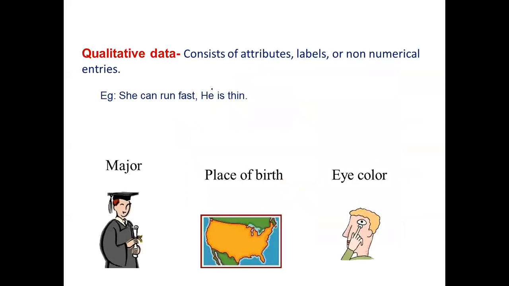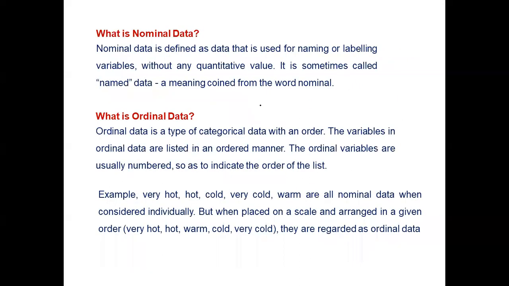A data is said to be qualitative when it consists of attributes, labels, or numerical entries. Nominal data is defined as the data that is used for naming or labeling variables without any quantitative value. Ordinal data is a type of categorical data with some specified order.